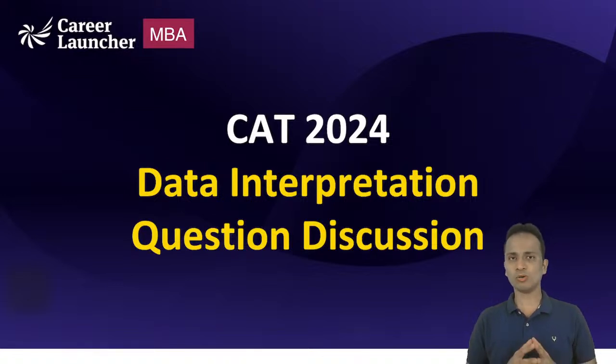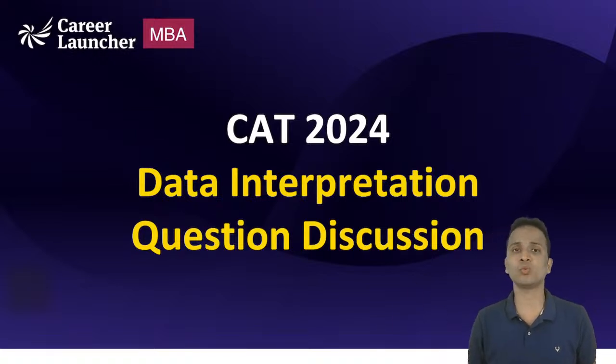Now, the level of difficulty of these sets, once again, I'll remind you that this is not as high as what we'll see in CAT examination, but the sets that we are covering in these sessions will be enough to handle the questions of data interpretation in SNAP, NMAT, and MHCET.